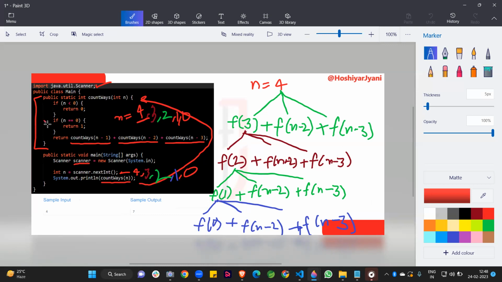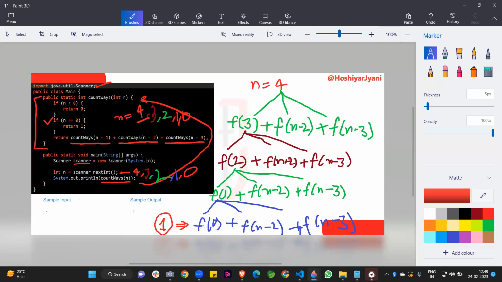Then our if condition is working. If our n is equal to 0, then return 1. So the answer of this method is 1. So we get the 1 value from this method, f of 0.